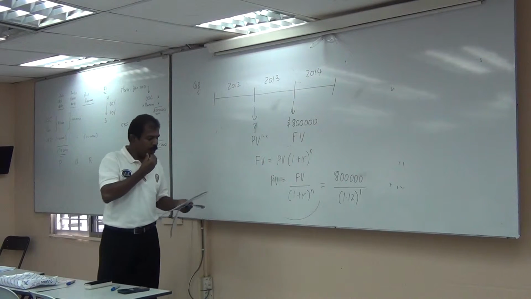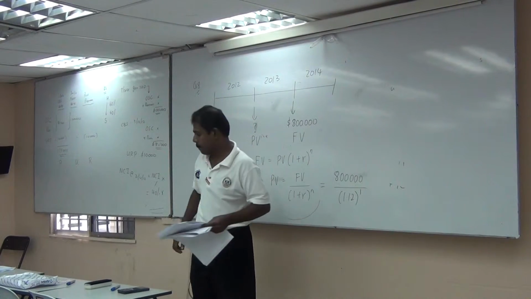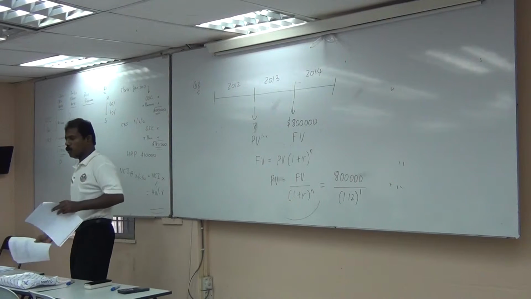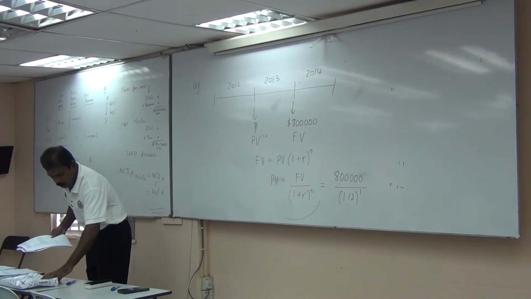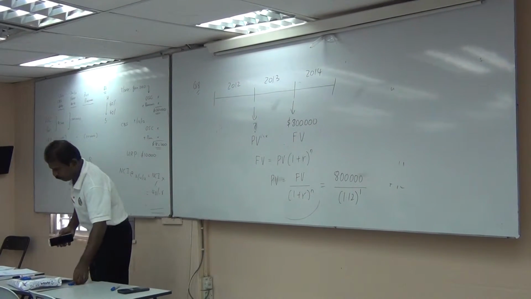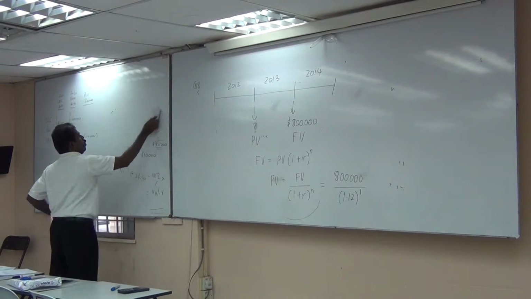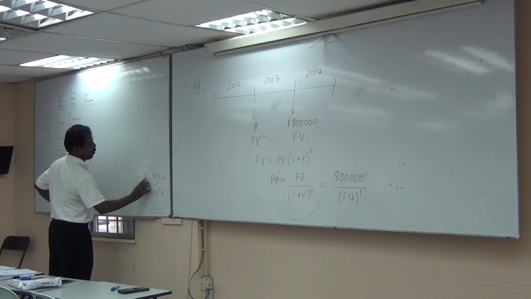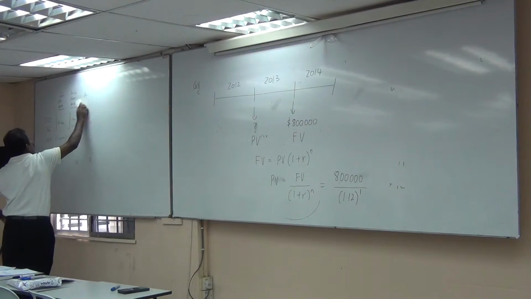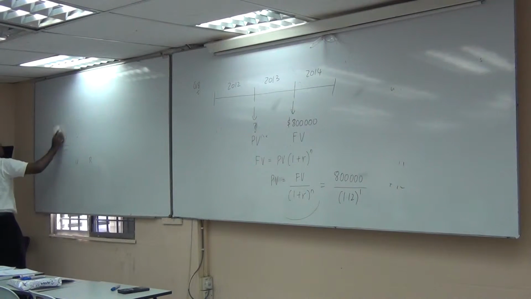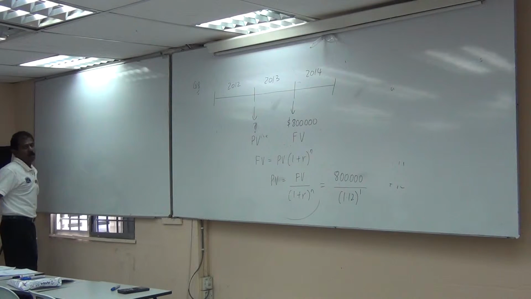Question 10 is on contract accounting. Now I tell you, question 1 to 10 is an objective question.